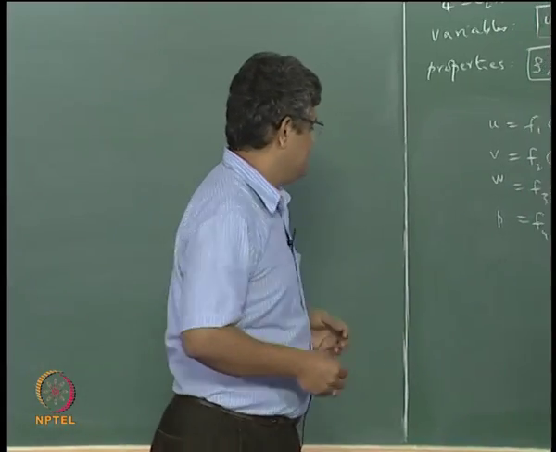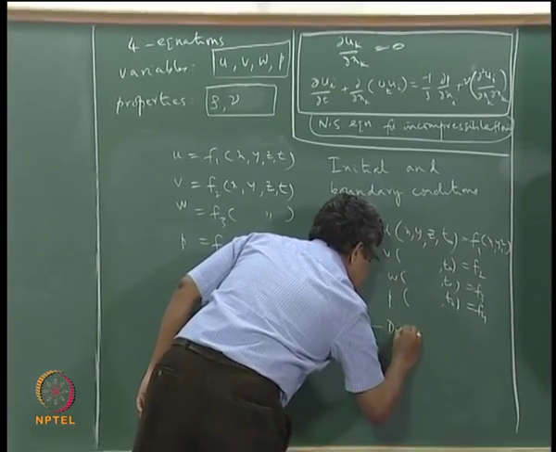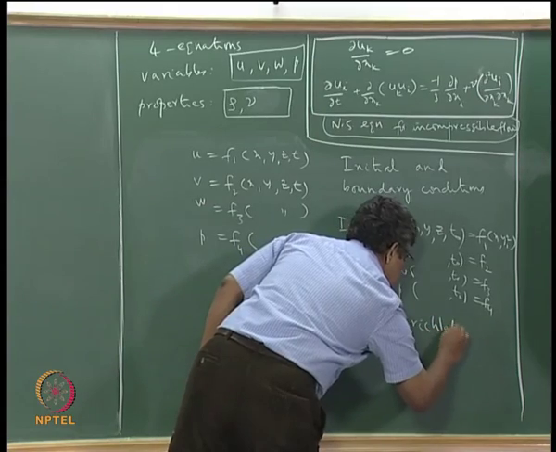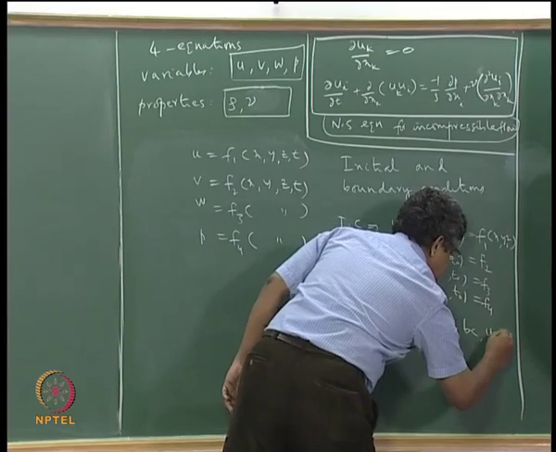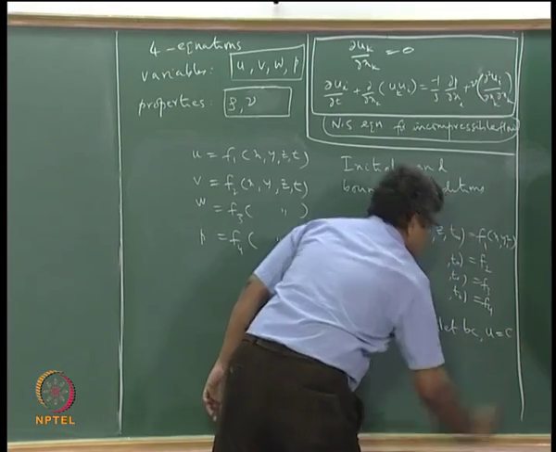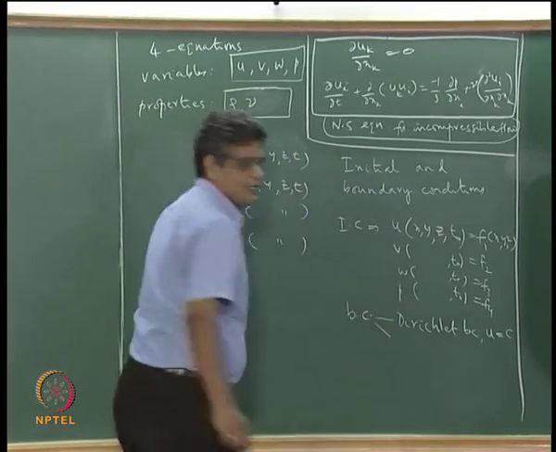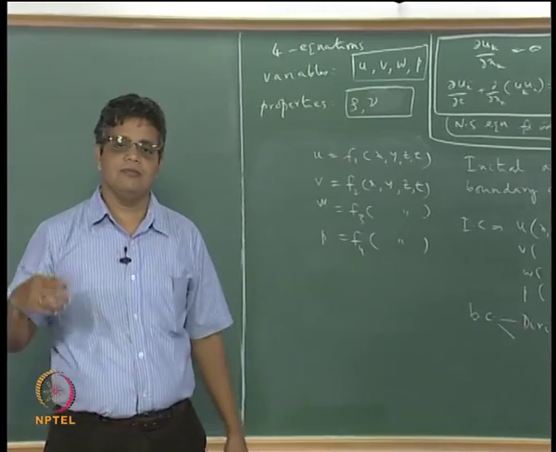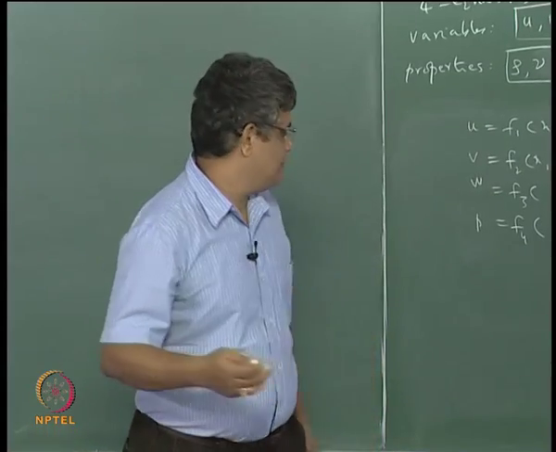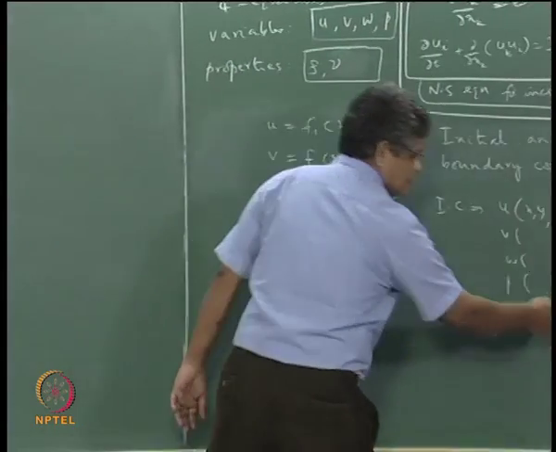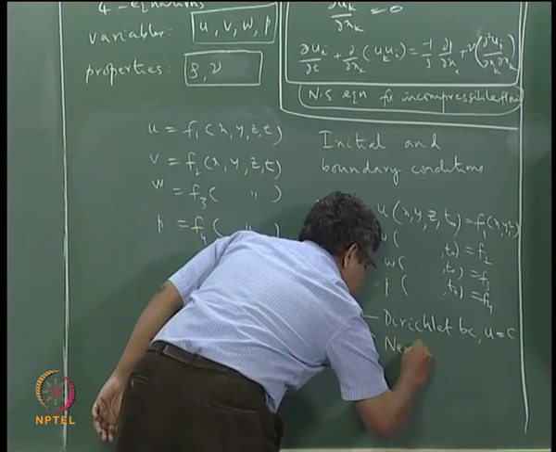That is known as a Dirichlet boundary condition, where you specify u equal to a constant, for example. You can also specify the derivative, for example dou u by dou x is equal to something. That is where you specify the gradient of that particular quantity, and that is known as a Neumann boundary condition.